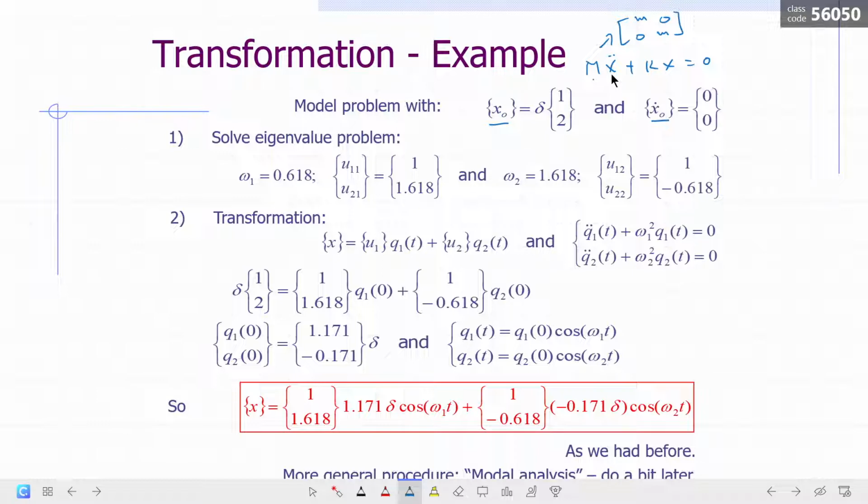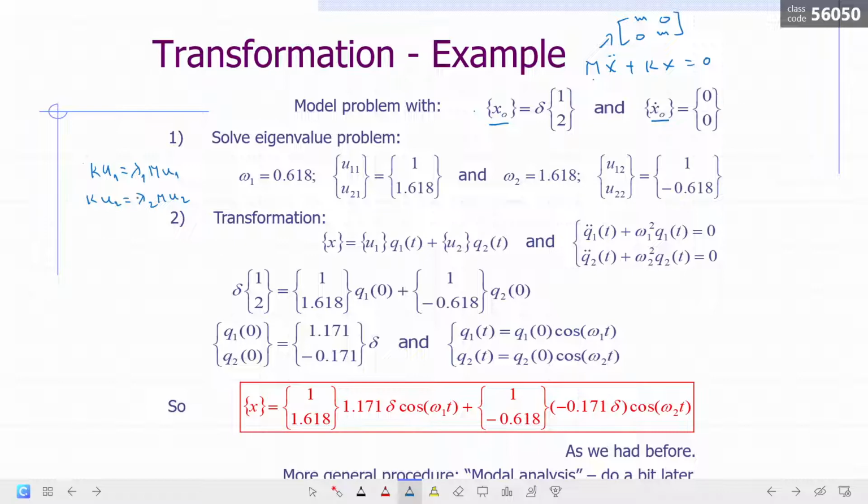Right here, it's summarized. Just to give you the process: after you have the equation, you solve the eigenvalue problem, which is k u1 equal to lambda 1 u1, and k u2 equal to lambda 2 u2.